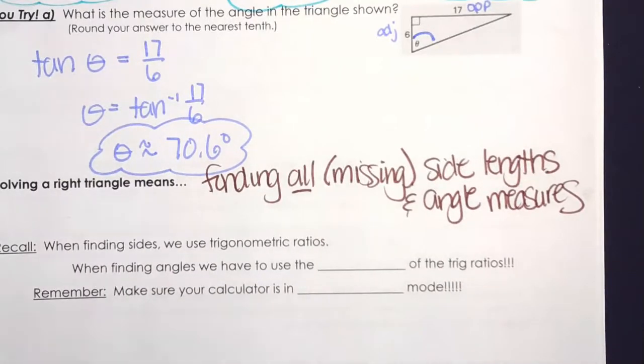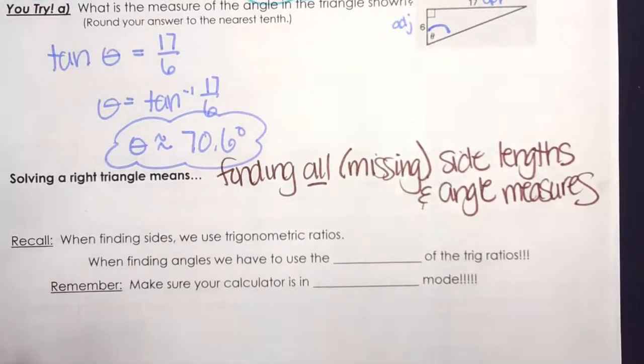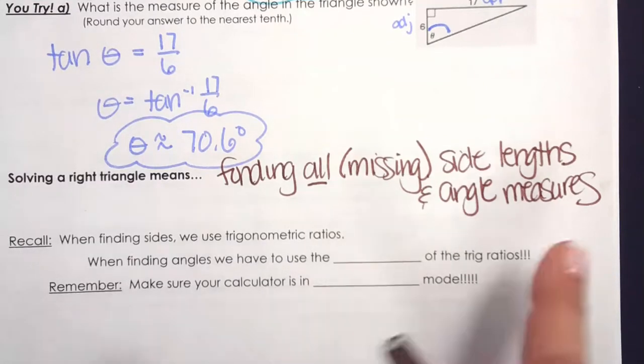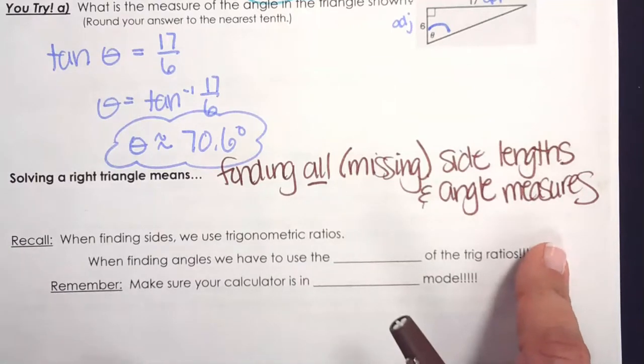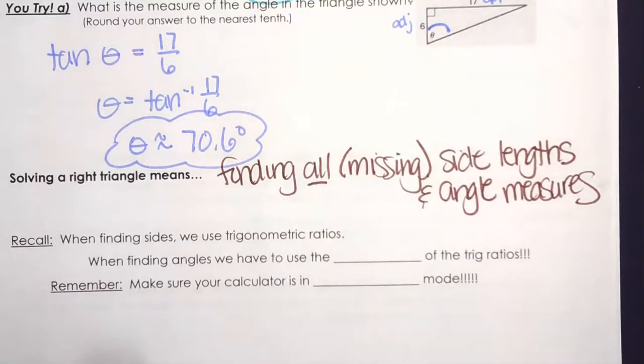So you're going to have a right angle in there that makes it a right triangle. And then they're going to give you two other pieces of information, either a side and an angle or two sides. And then we're going to find the missing pieces. So they give you 3 pieces, we're going to find 3 pieces.